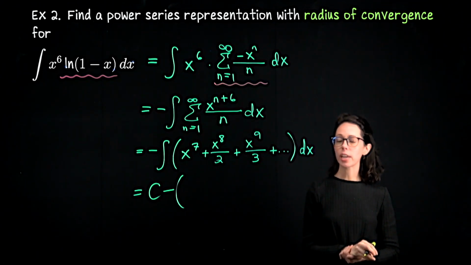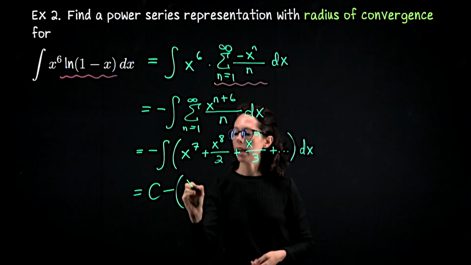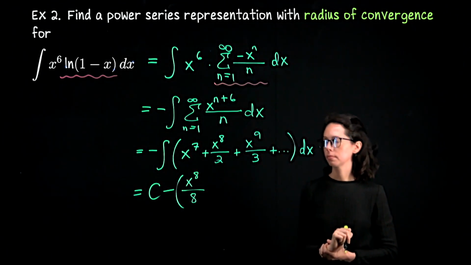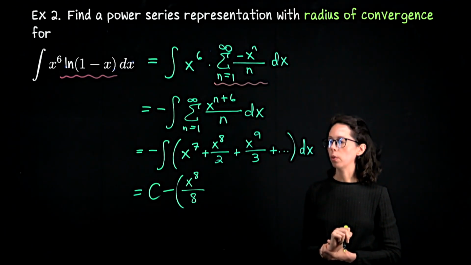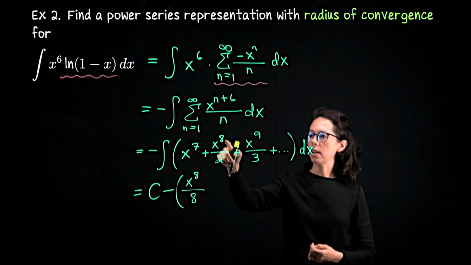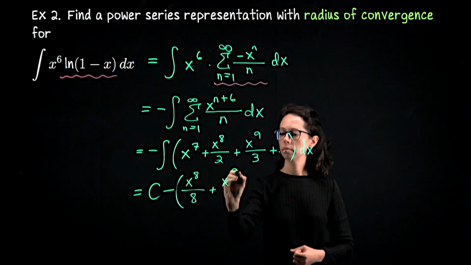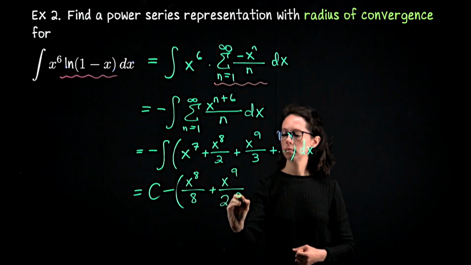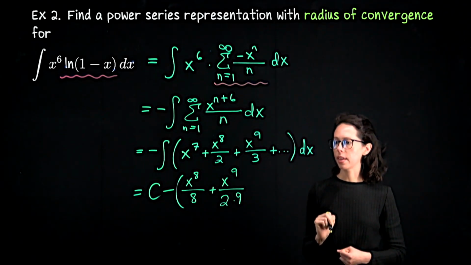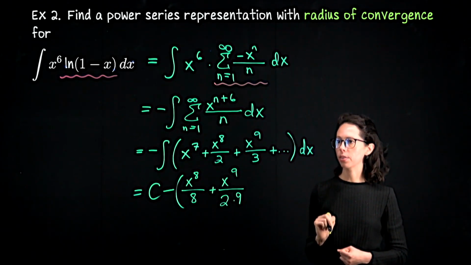Okay, so let's anti-differentiate x to the 7th, and we will get x to the 8th divided by 8. Then we'll have x to the 9th divided by 2 times 9. Then x to the 10th divided by 3 times 10.